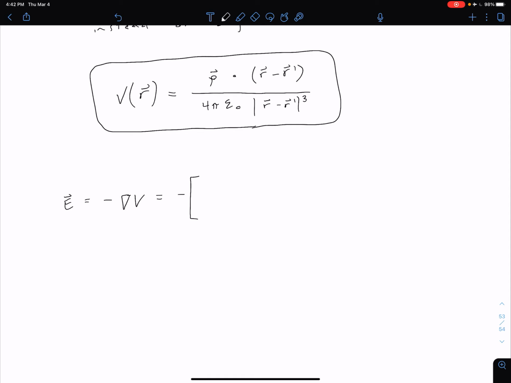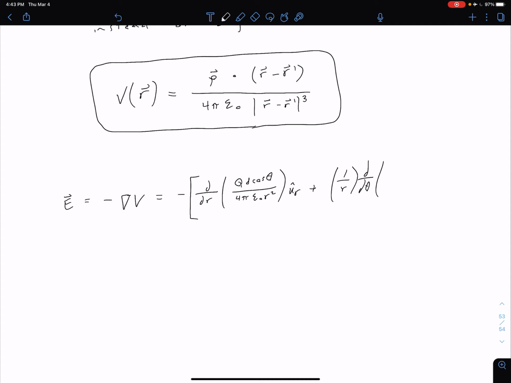So we would end up getting a partial with respect to r of that other potential equation, which I've not shown you but is part of the derivation, which is qd cosine theta divided by 4 pi epsilon naught r squared, and that's in our r direction, plus 1 over r times the partial with respect to theta.